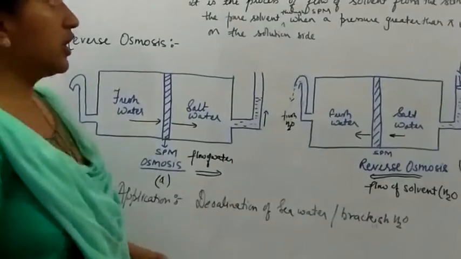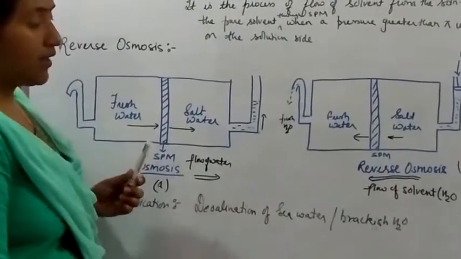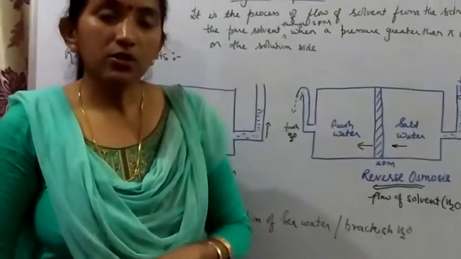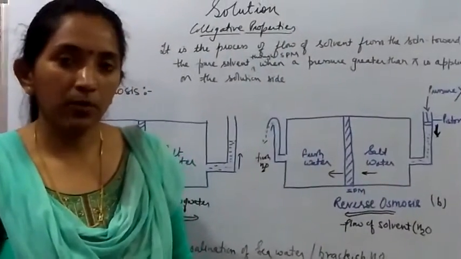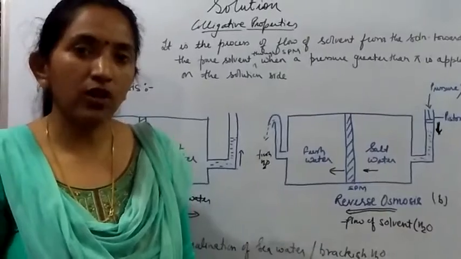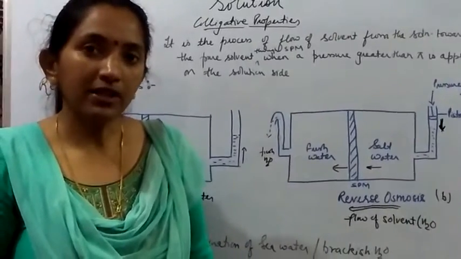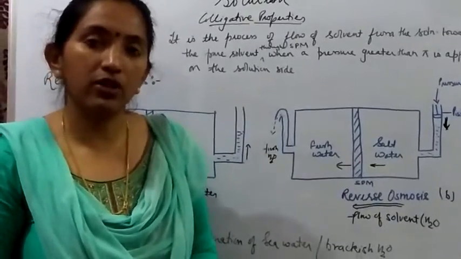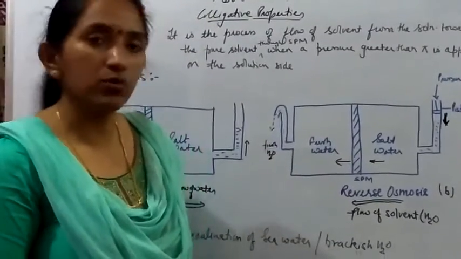Now we have gone through osmosis and reverse osmosis after going through the osmotic pressure. What is the importance of osmotic pressure? We have four colligative properties: the first one was relative lowering of vapour pressure, then elevation in boiling point, then depression in freezing point, and the fourth one is the osmotic pressure.